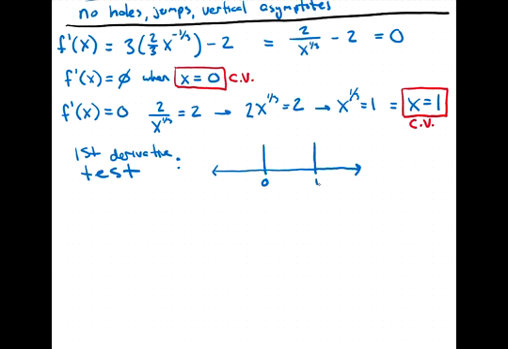So let's plug in some test values into the derivative. So let's say when x is equal to, we could say -1, we could say 1, and I'm going to use 1/8 as our test value between 0 and 1 because we're taking the cube root.